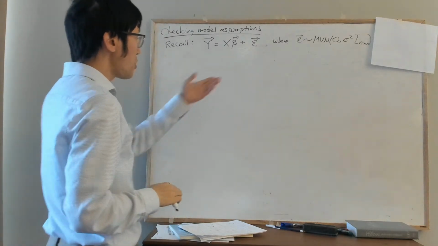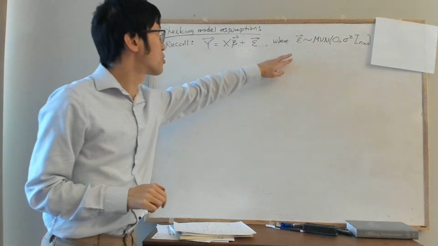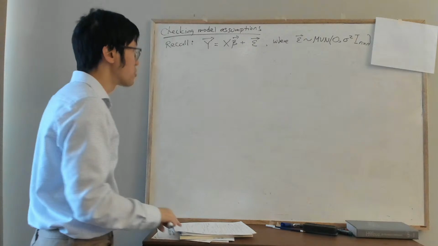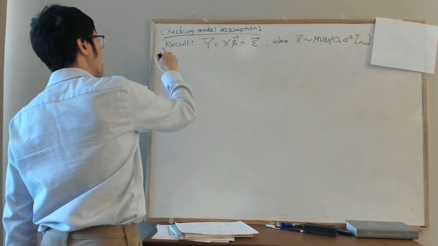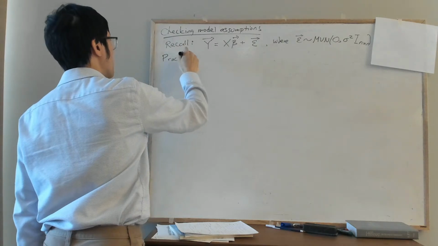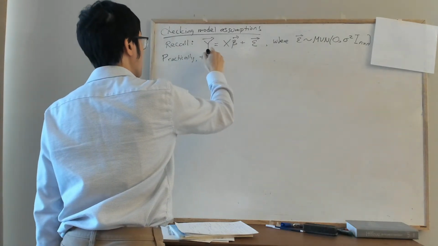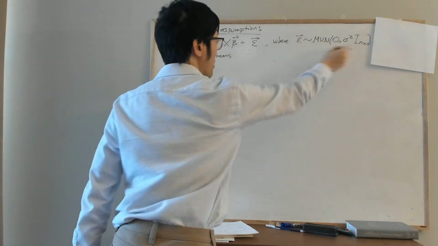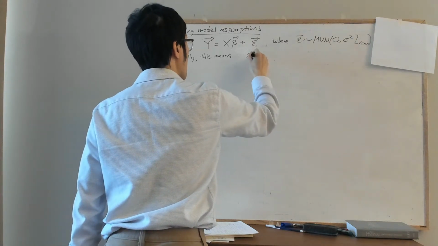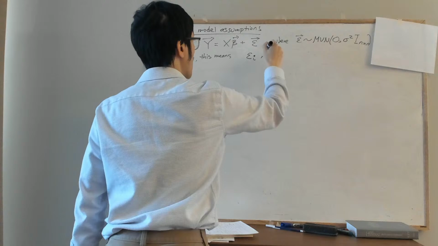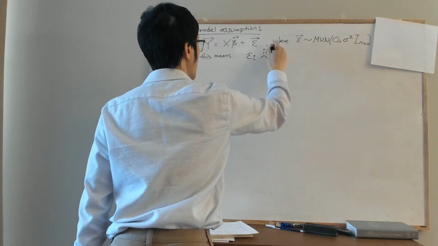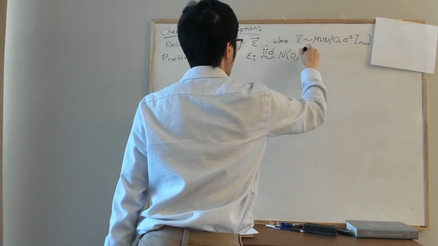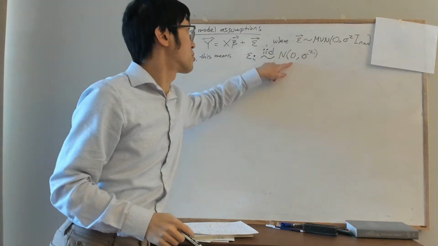So what are the things we need to check about the epsilons? Practically, another way of expressing this is that each of the errors is i.i.d., independent and identically distributed, with a normal distribution, mean 0, variance sigma squared. That's equivalent.